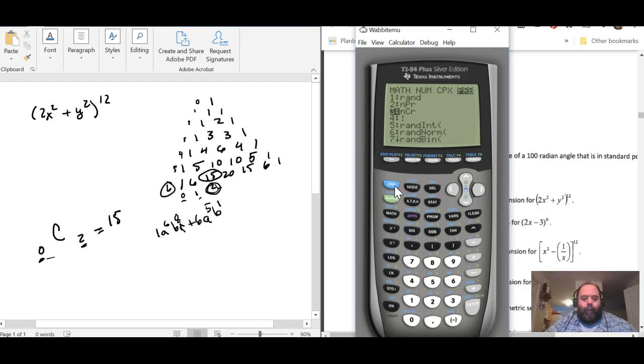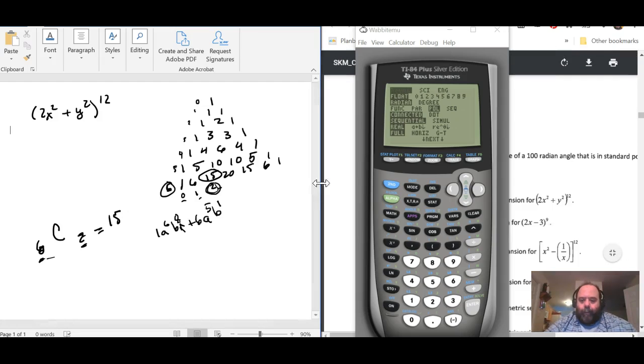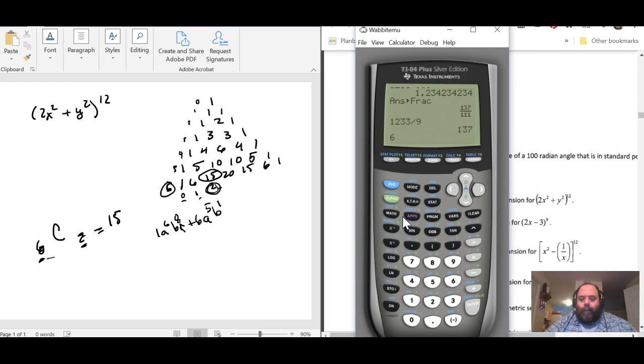If I put in here, oh, sorry, it's not row 0, this is row 6, right? So it's row 6, space 2. Let's go back to the main screen. Go 6, math, choose 2.